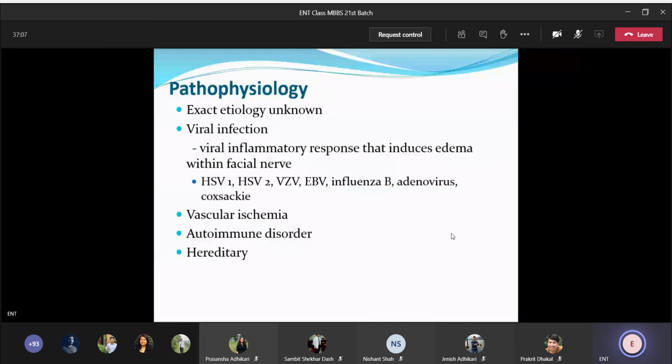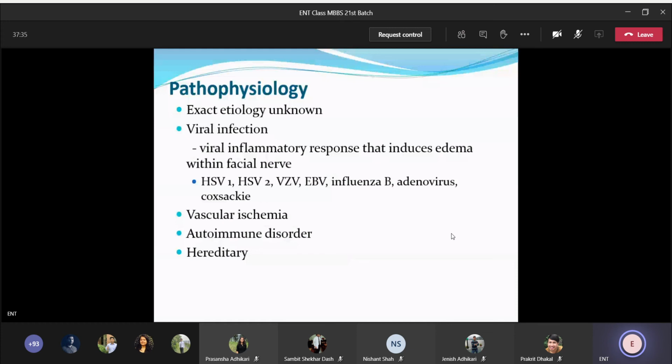Pathophysiology: in idiopathic Bell's palsy, the exact etiology is unknown. It may be viral, an inflammatory response that induces edema within the facial nerve. If there is edema in the fallopian canal, then that edema compresses the facial nerve, and that causes facial nerve paralysis.